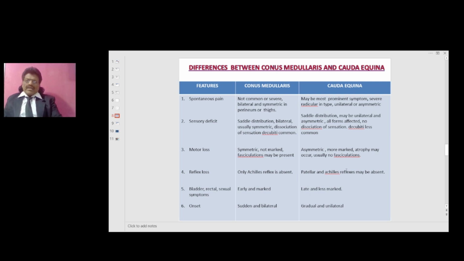Whereas in cauda equina, since the lumbar roots are also affected, both patellar and Achilles reflexes may be absent. Bladder, rectal and sexual symptoms are early and marked in conus medullaris, late and less marked in cauda equina. Onset: in conus medullaris it is sudden and usually bilateral, whereas in cauda equina it is gradual and unilateral.